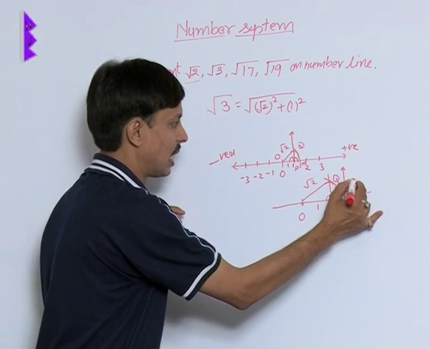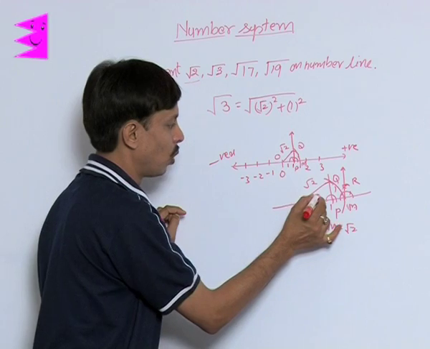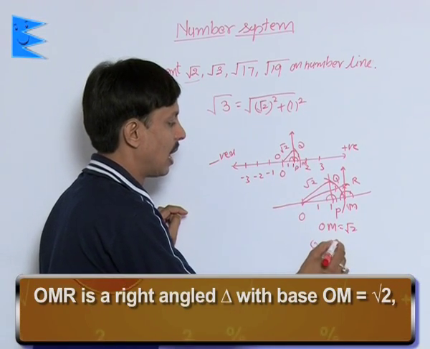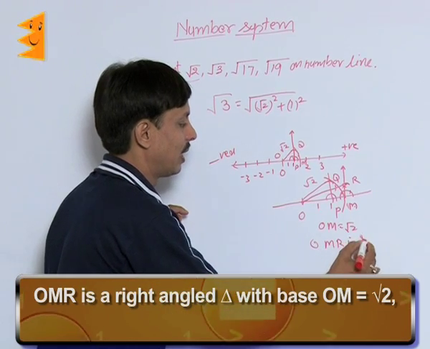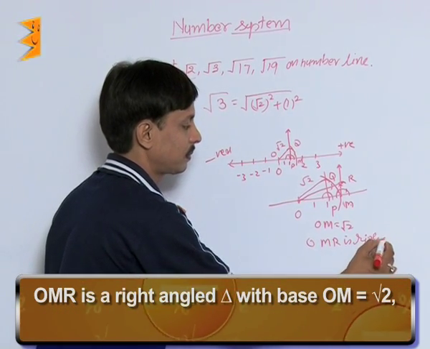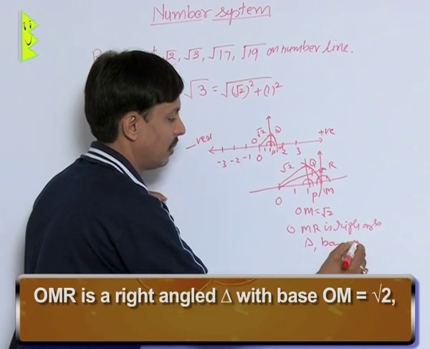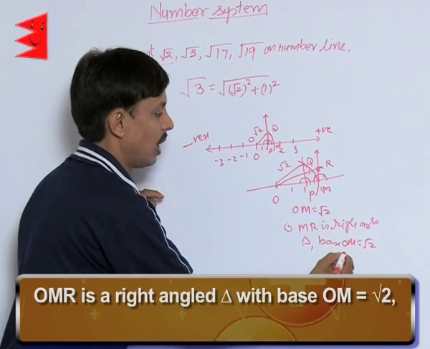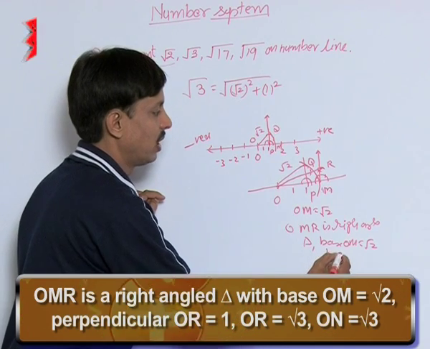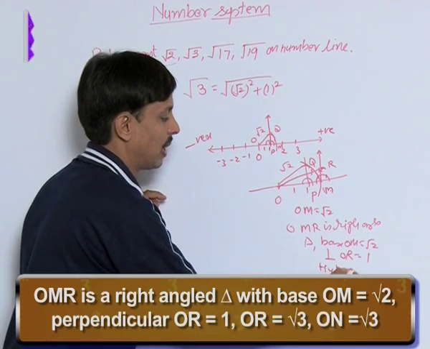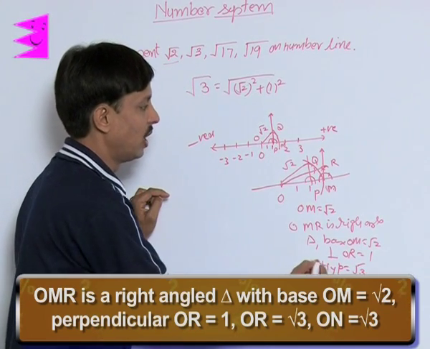Suppose this point is R, join this to O. We say OMR is a right angled triangle with base OM equal to root 2 and perpendicular 1 unit. So the Pythagoras theorem implies the hypotenuse is equal to root 3.